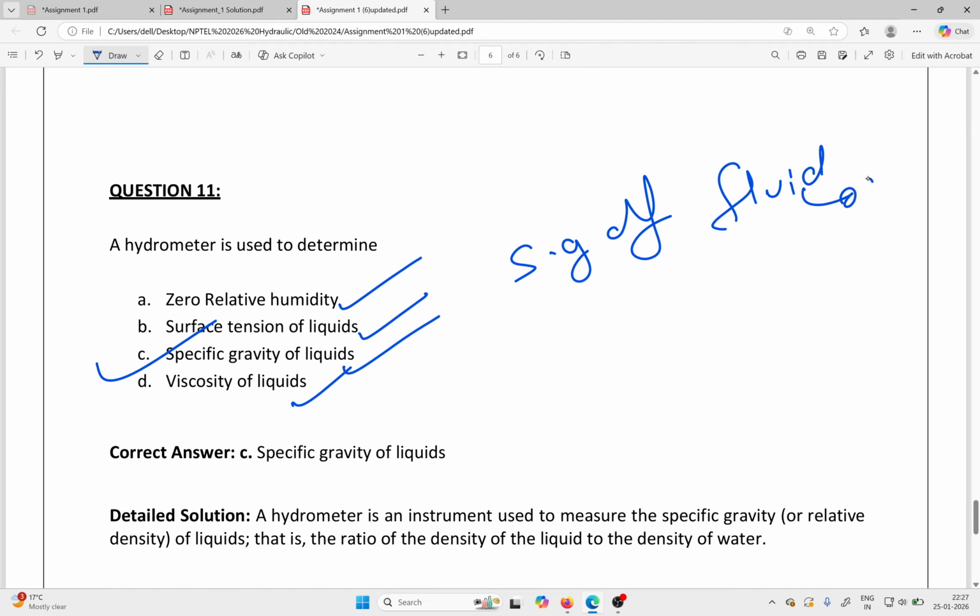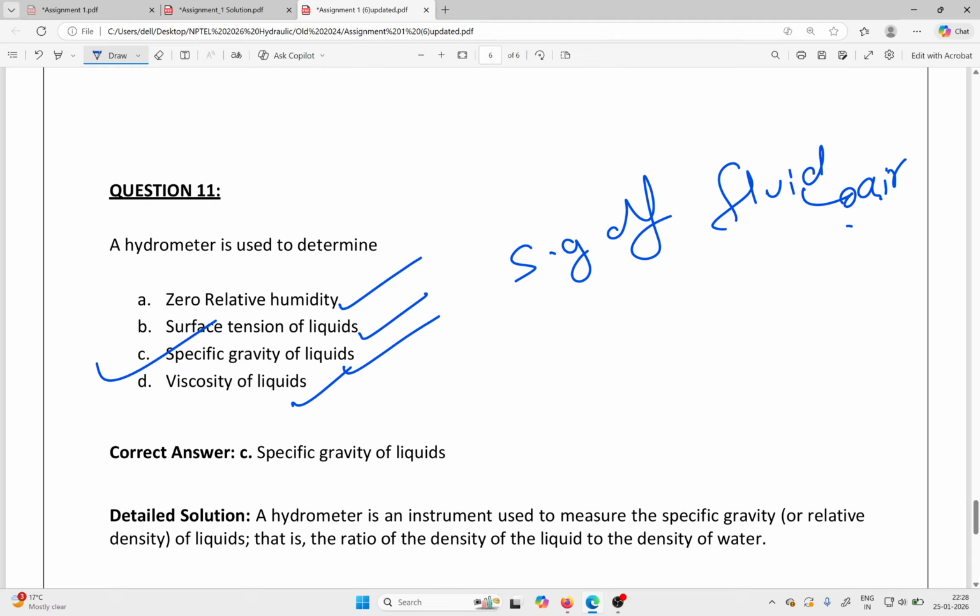If the fluid is a combination of air and liquid, can you measure the gravity of the fluid using the hydrometer? Maybe the question is framed like that to confuse you.